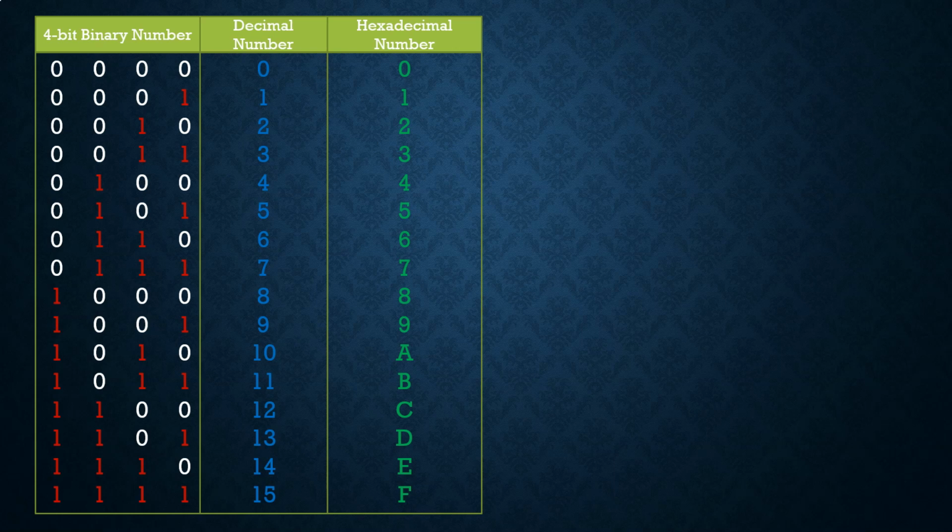So this is just to make it easy for hexadecimal. For example, 1111 in binary is represented by F in hexadecimal. 1010 is A in hexadecimal. So that's how hexadecimals play a role in usage in our computers.